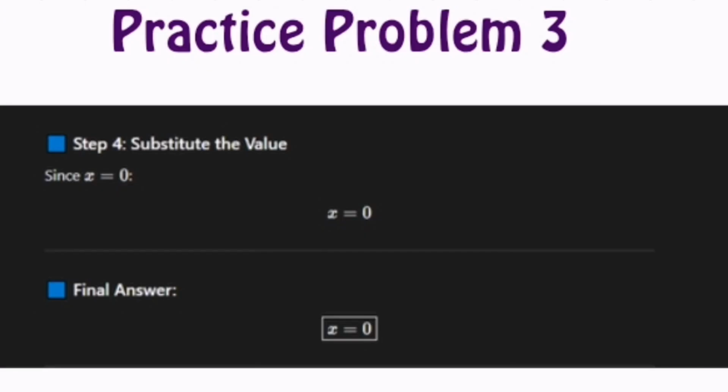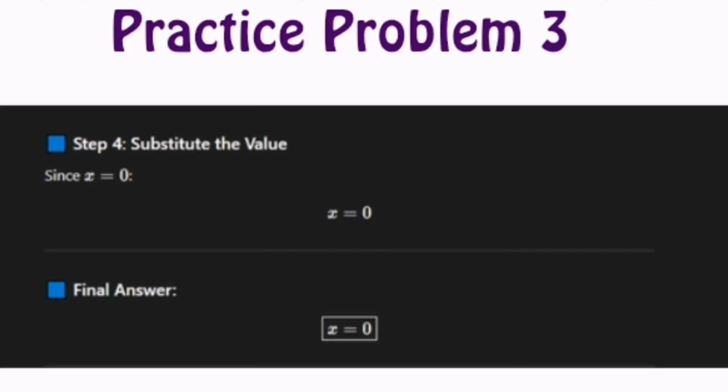Deep understanding: let's test both points. For point (0, 7), x is equal to 0 satisfies the equation. For point (0, negative 7), x is equal to 0 also satisfies the equation.